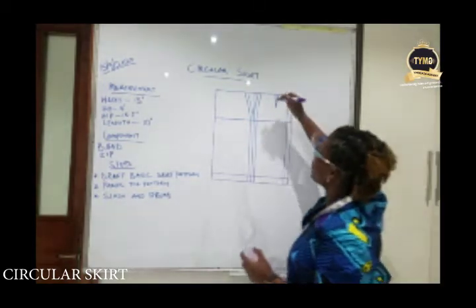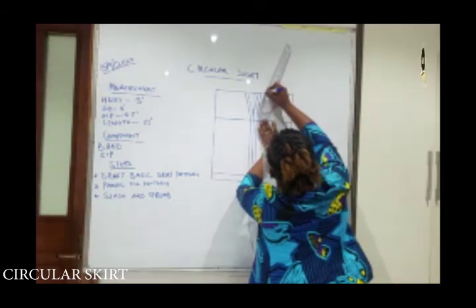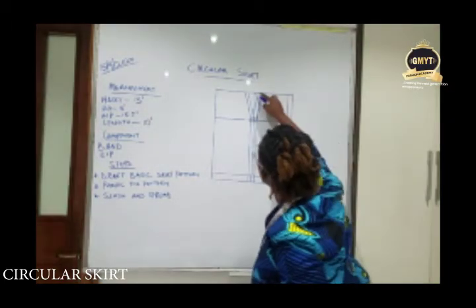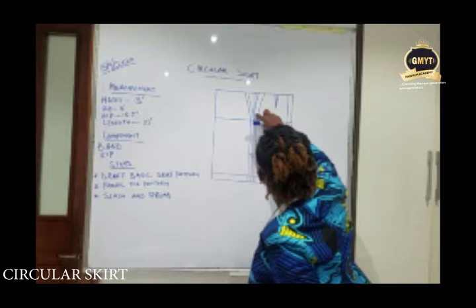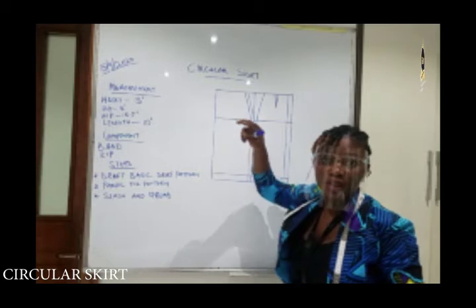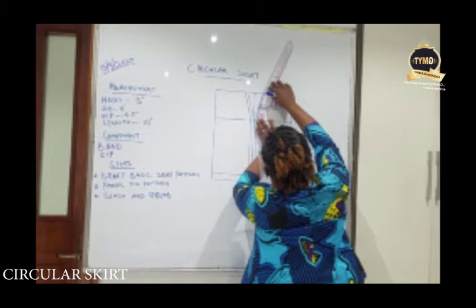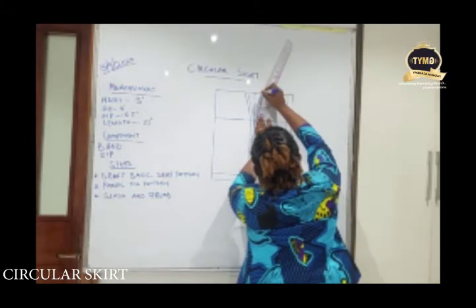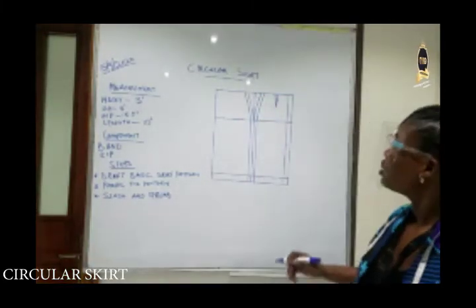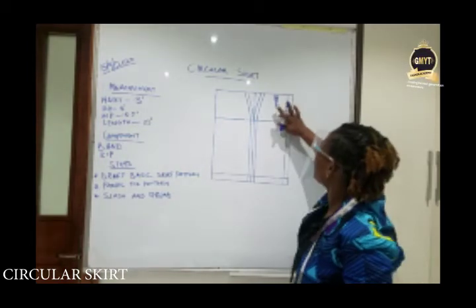So now I'm going to connect this back to my hip like that. Okay, so I can cancel this one and now add my sewing allowance, half an inch. After I've added the sewing allowance, automatically my dart is cancelled.